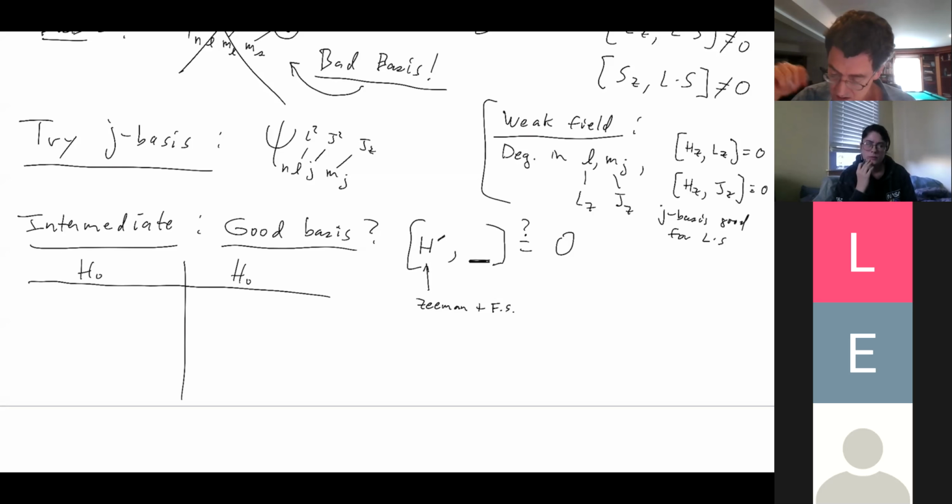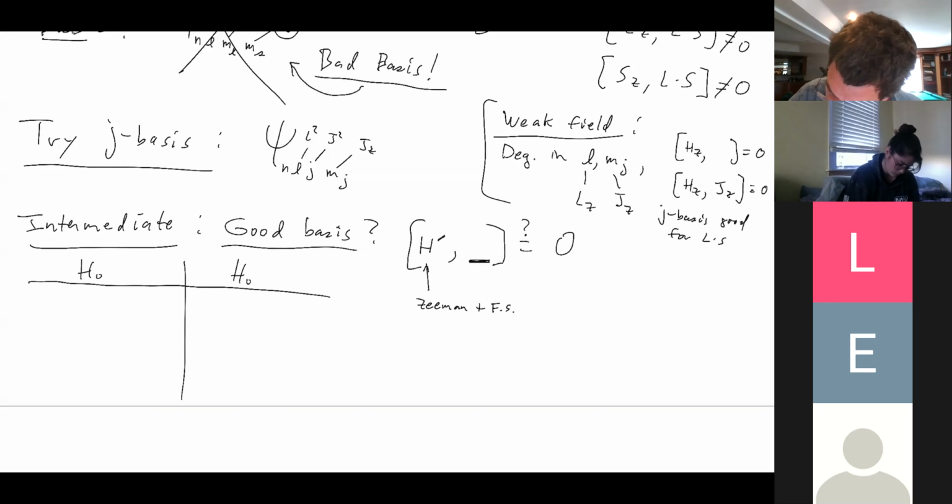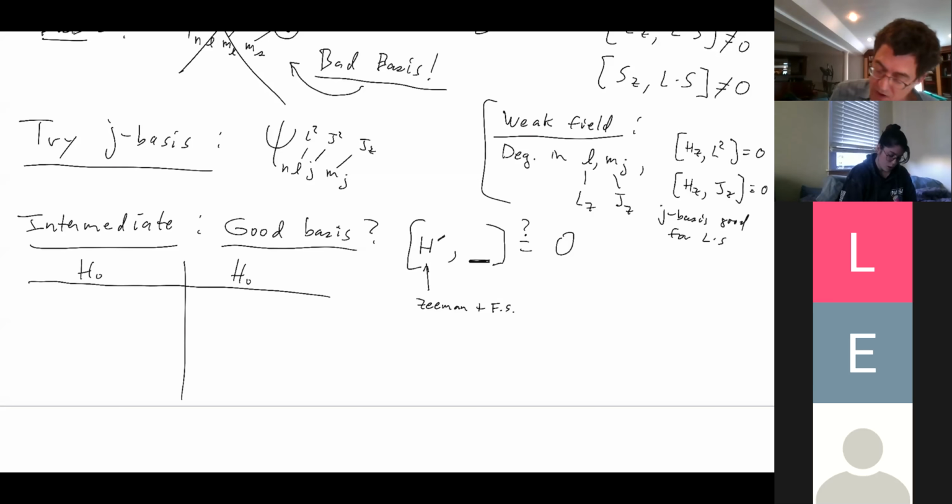But when you write it down, you said it is LZ in the weak field, on the right side of your board. Oh yeah, you're right. I made a mistake here. Thank you for pointing that out.